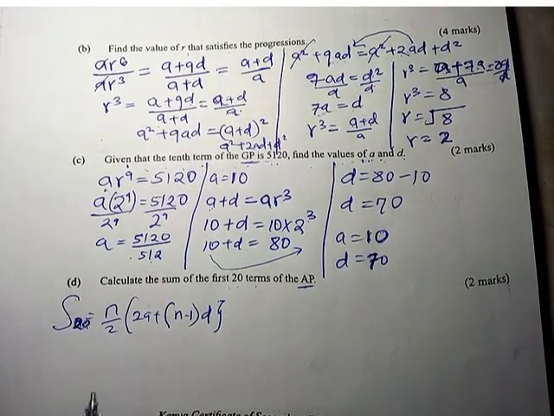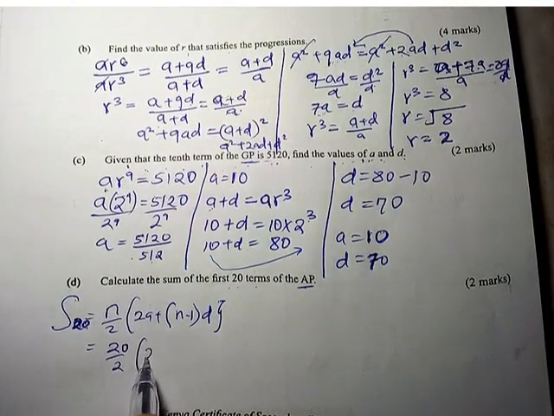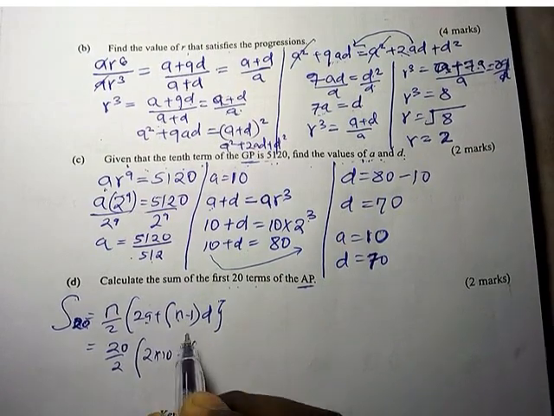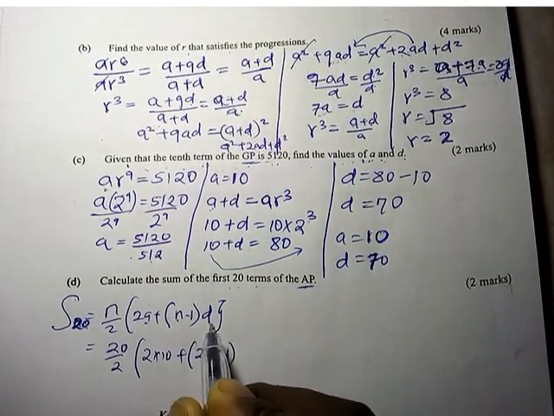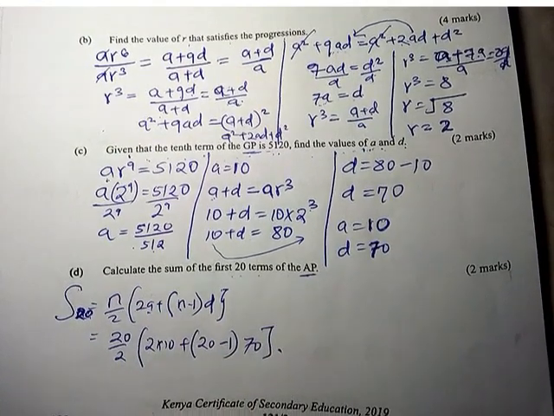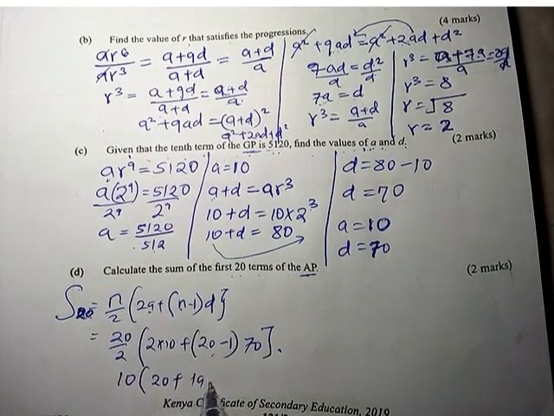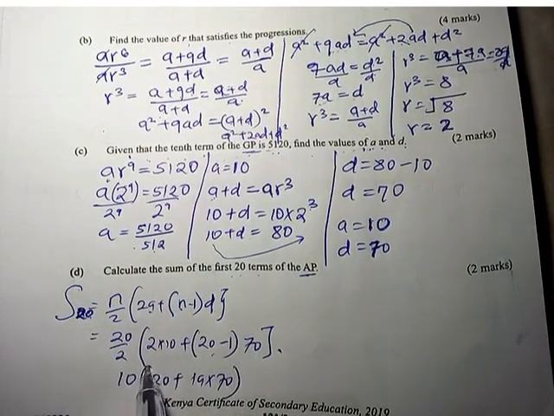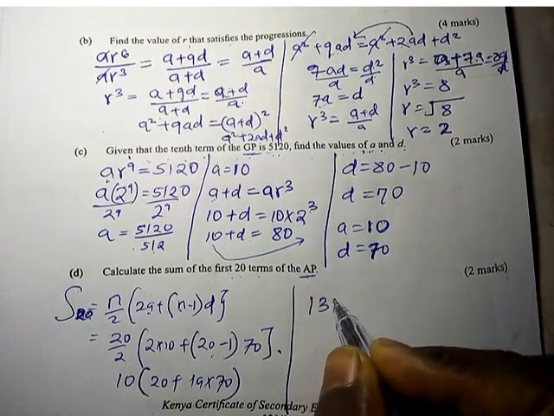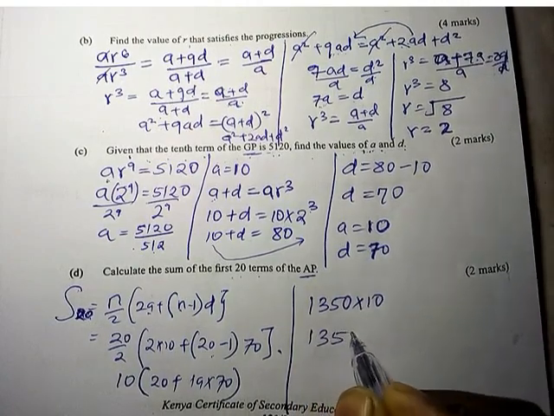N is 20, so that is 20 over 2 into 2 times a, A is 10, plus (20 minus 1) times d. Our d is 70. This will be 10 into 20 plus 19 times 70. This will be 1350 times 10, and the answer is 13500.